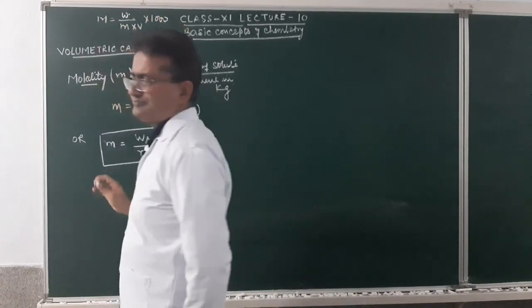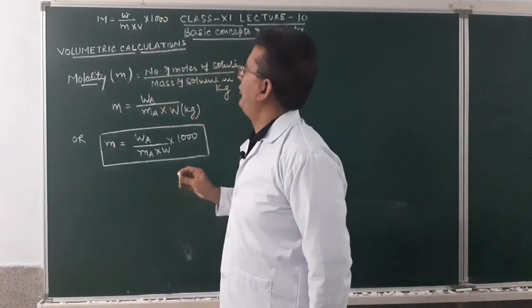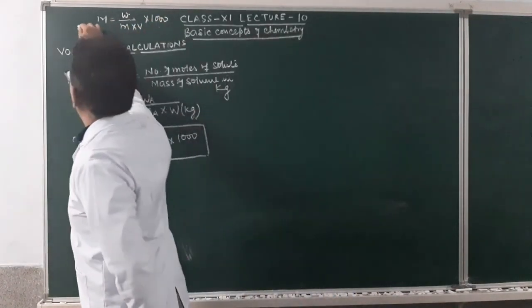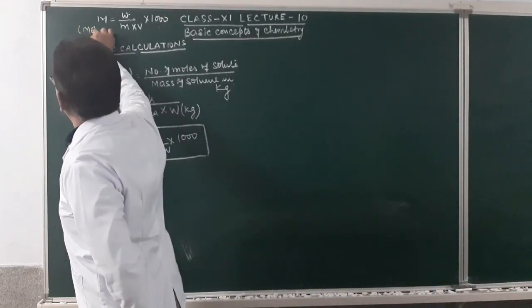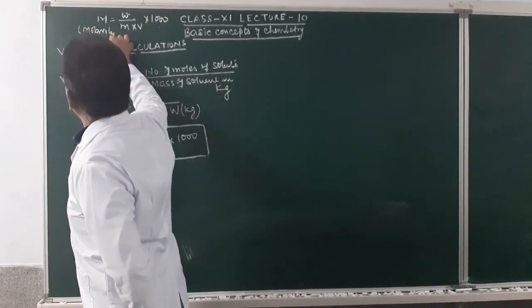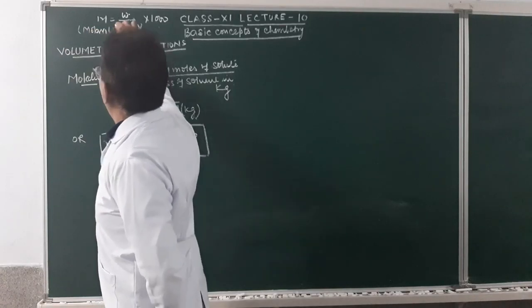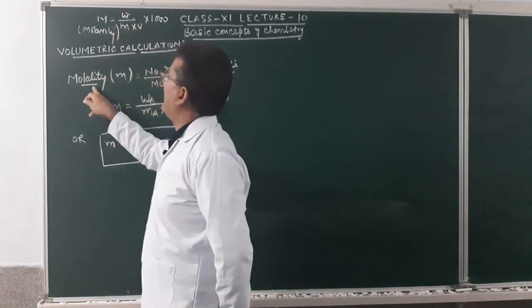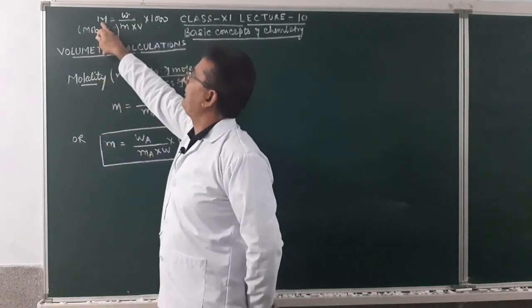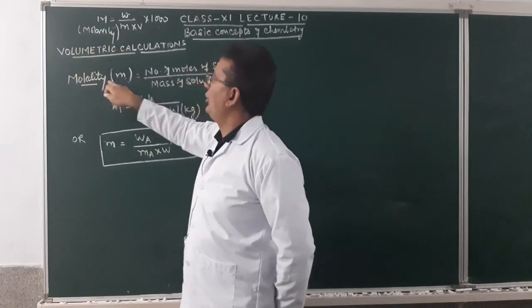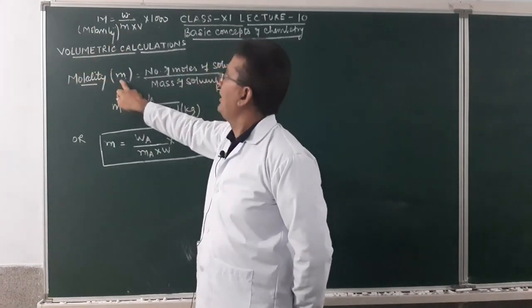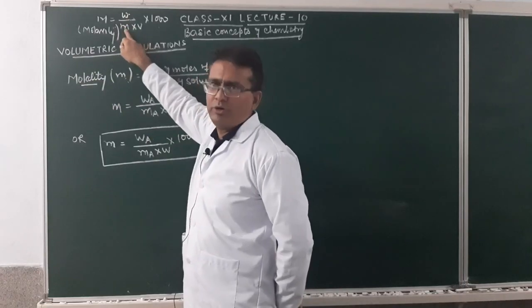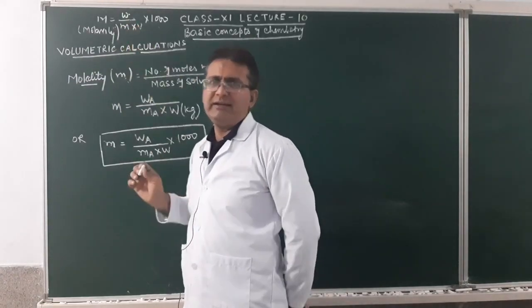Remember the formula? So, the first way of expression of concentration of the solution was molarity, which was discussed in the last lecture. The other way that we have discussed today is molality. Molarity is represented by capital M, molality is represented by small m. Molarity is the ratio of number of moles of solute upon volume of the solution in liters.